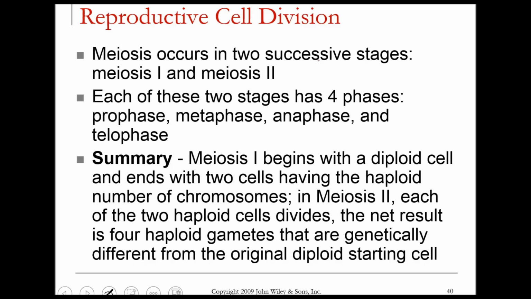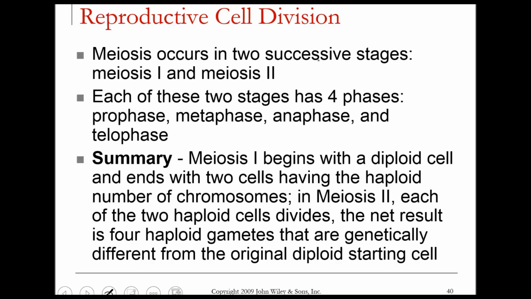Reproductive cell division looks a lot like mitosis. However, it occurs in 2 stages. Prior to meiosis, the cell is going to go through interphase. And remember, in interphase, the DNA makes an exact copy of itself. Each of these stages of meiosis has 4 phases: prophase, metaphase, anaphase, and telophase.